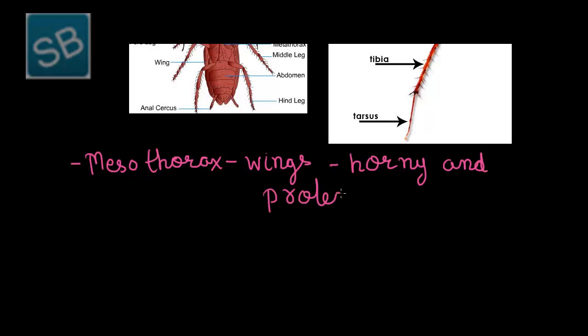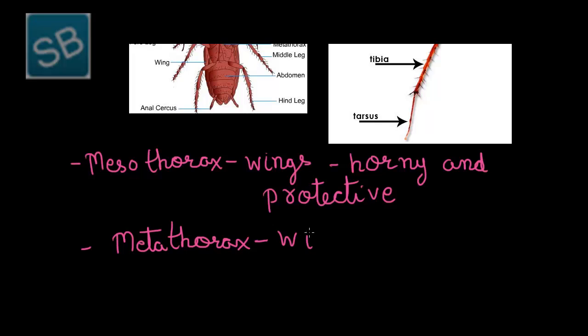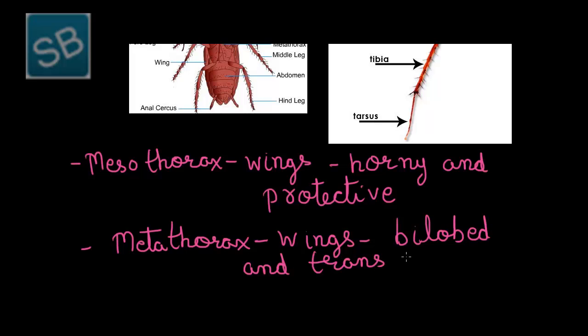And the second pair of wings that arises from metathorax is bilobed and transparent in nature. This is the pair of wings that is used for flying.